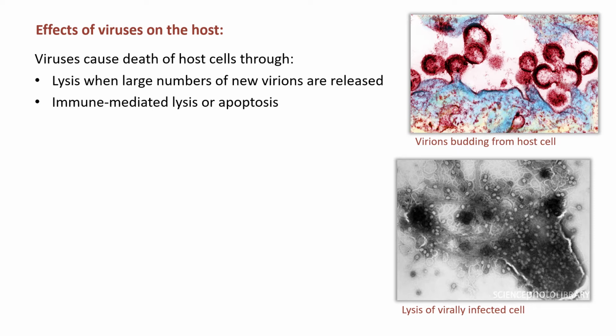If you have an immune response, you have things like membrane attack complex. If you have an adaptive response, you have cytotoxic T cells. You have lots of things that in their own right, as inflammatory mediators or inflammatory processes, mediate lysis or apoptosis.